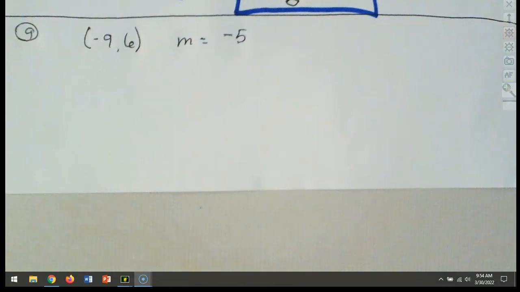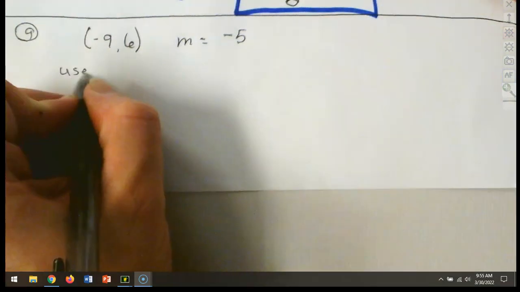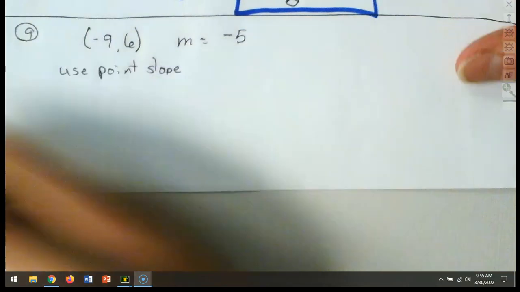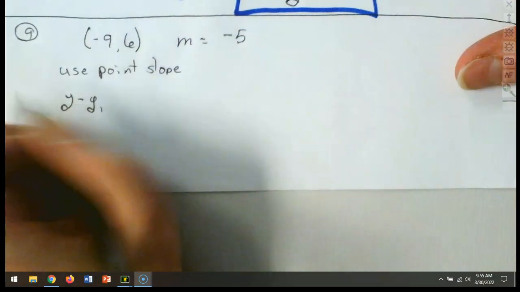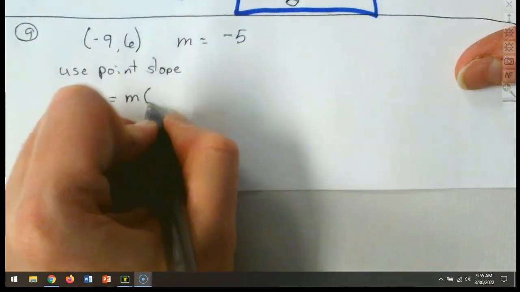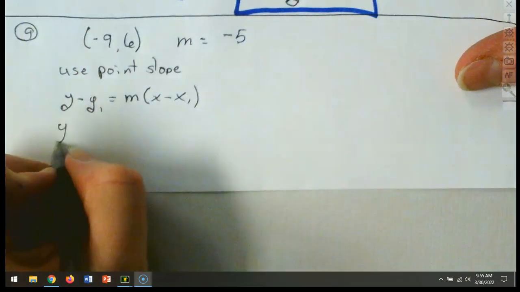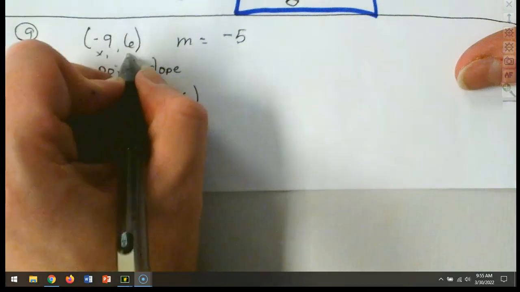It has the fewest number of steps. So we have a point, we have a slope. First thing, we don't have to find the slope. We just simply use point slope, which is y minus y1 equals m times x minus x1. Plug your values in, x1, y1.